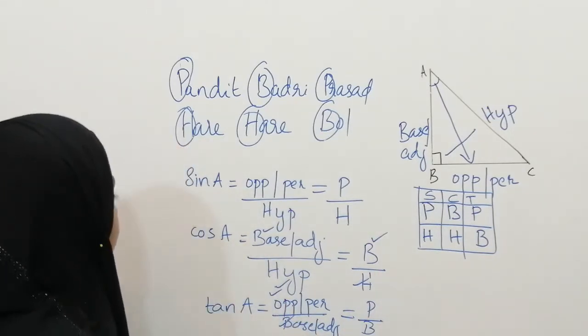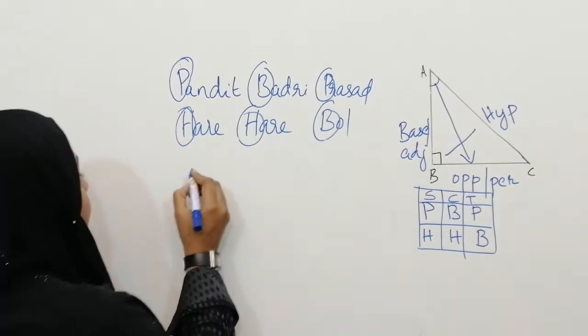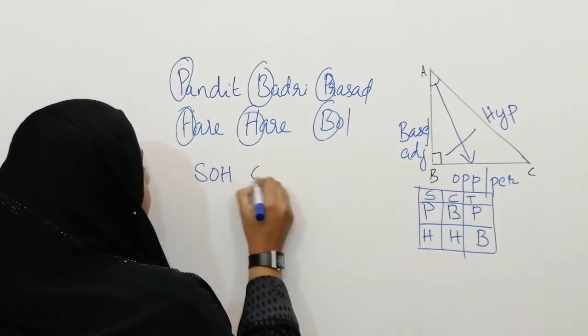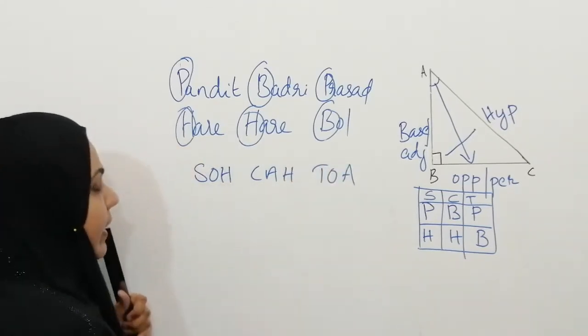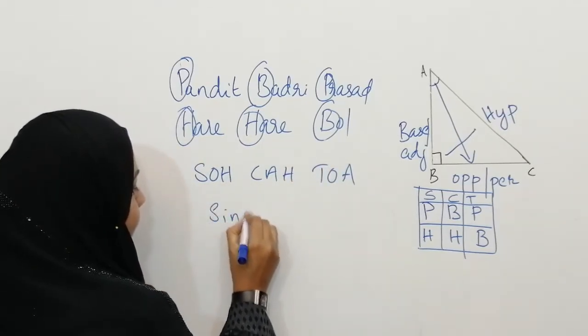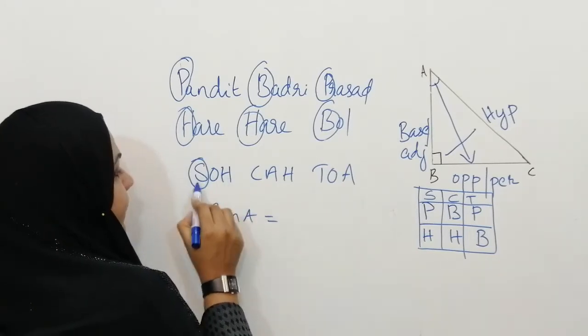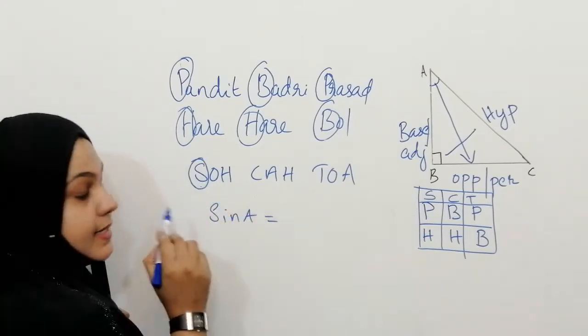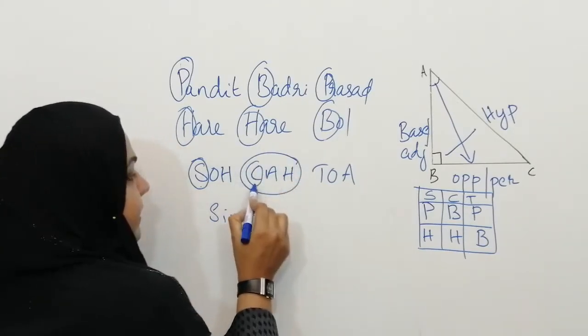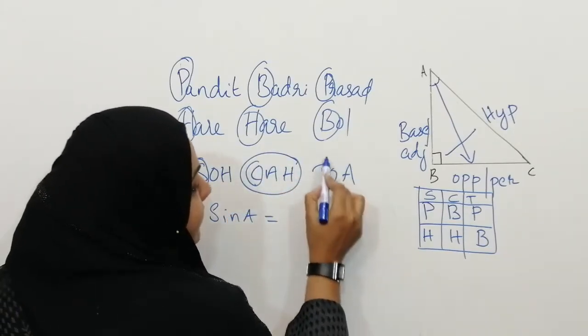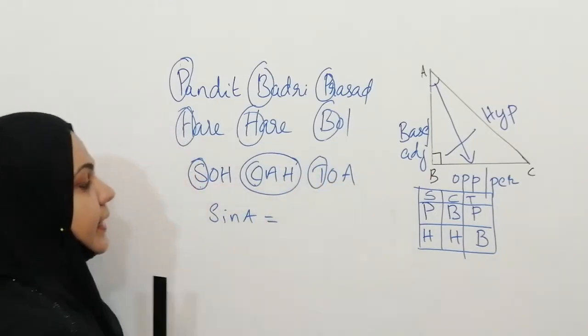Similarly, I am writing one more trick, that is Soh Cah Toa. Which one is easy for you, you can choose. Here also I am writing sine A. The first letter of Soh is S, which represents sine. The first letter of Cah represents cos. Then the first letter of Toa represents tan.